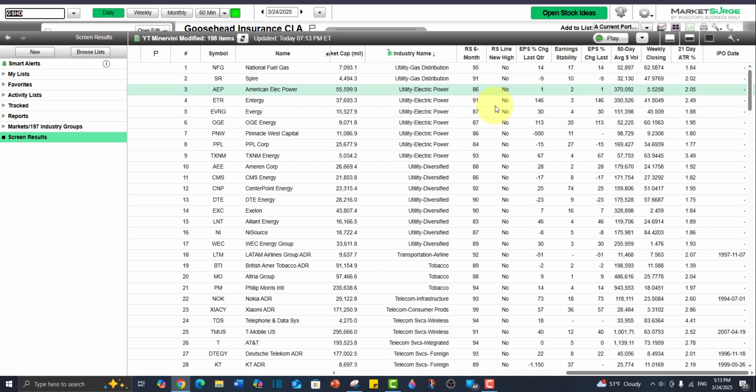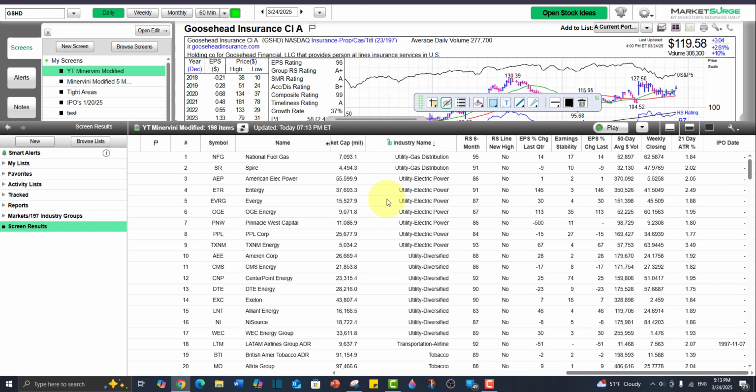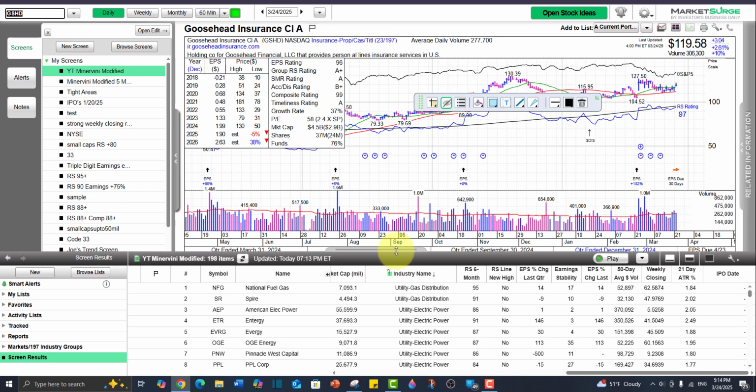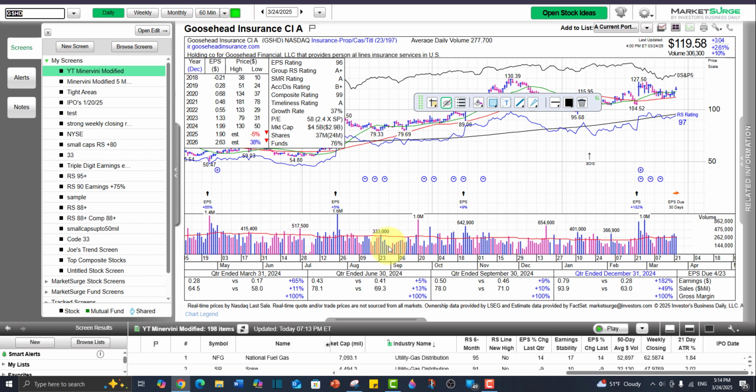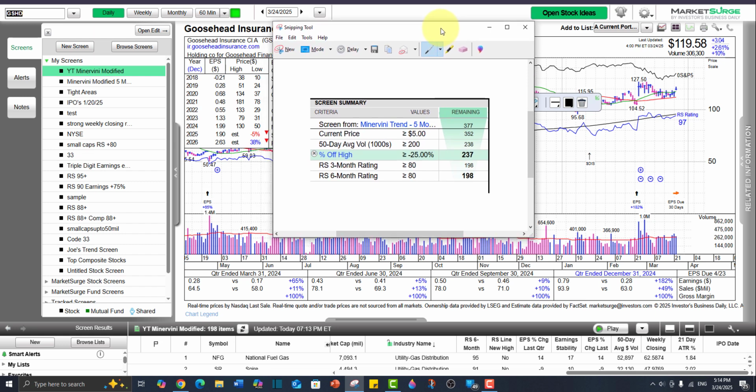All right. So at some point I will make a video showing you how I screen through these. I don't have time to do that right now, but I really encourage you to tinker around with modifying the MarketSurge screens, including the Minervini screens. Those are the changes that I make. And here is that screenshot.